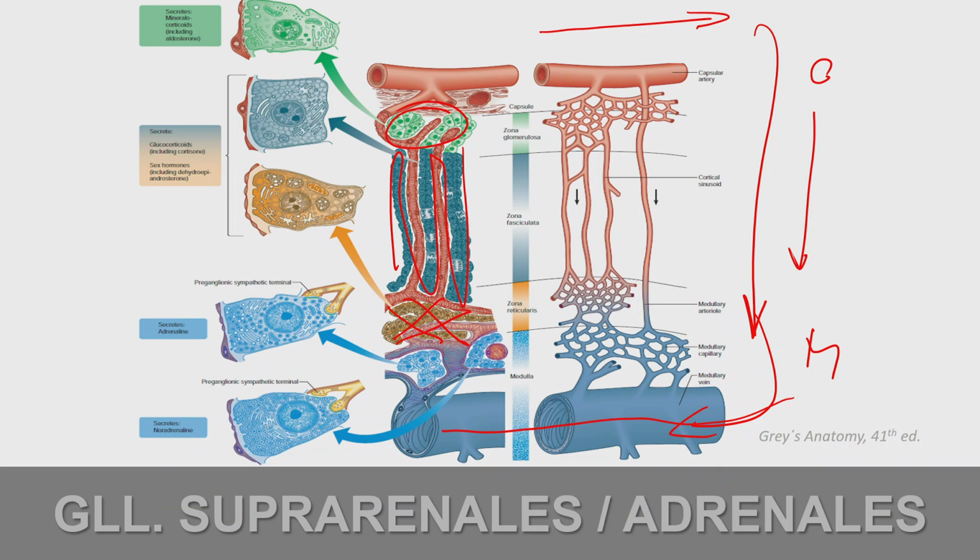The fascicular zone, glucocorticoids, cortisol mainly, and the inner layer, which is called reticularis, reticular zone, is producing hormones with some sexual functions, typically masculine functions. So androsterone is one of the leading products. And the rest, the medulla, is producing something different.